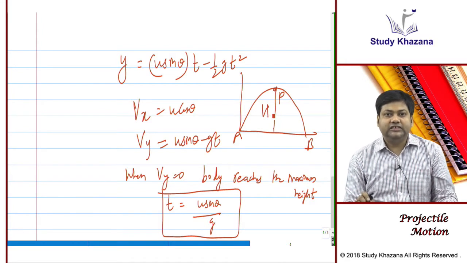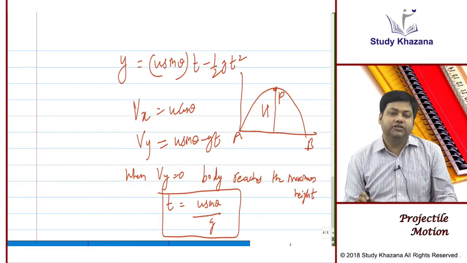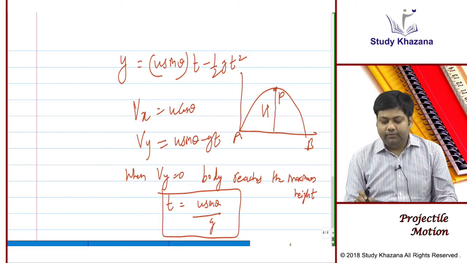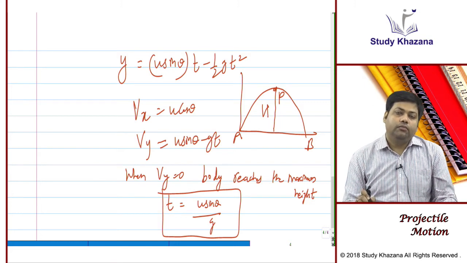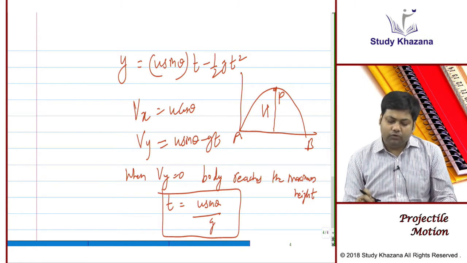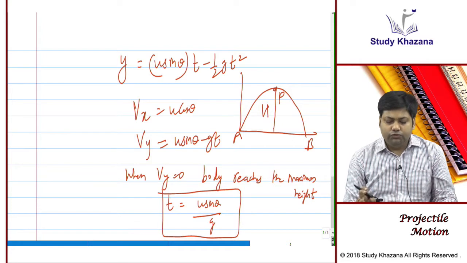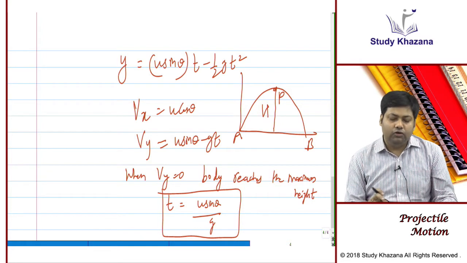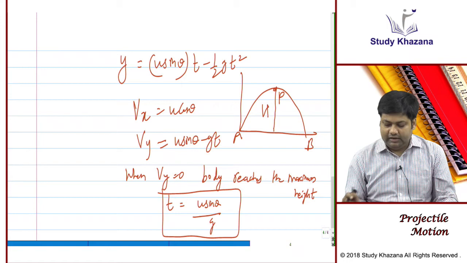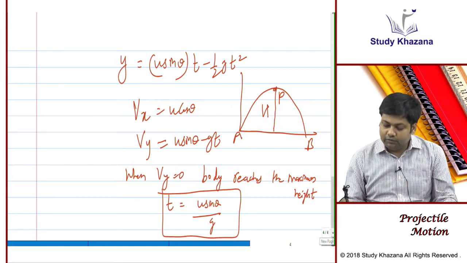This is the time of ascent, the time required for the body to move to the maximum height. So now we have got the value of the time. We would use this time to arrive at the value of y, that is the maximum height. That will be our next point of focus.